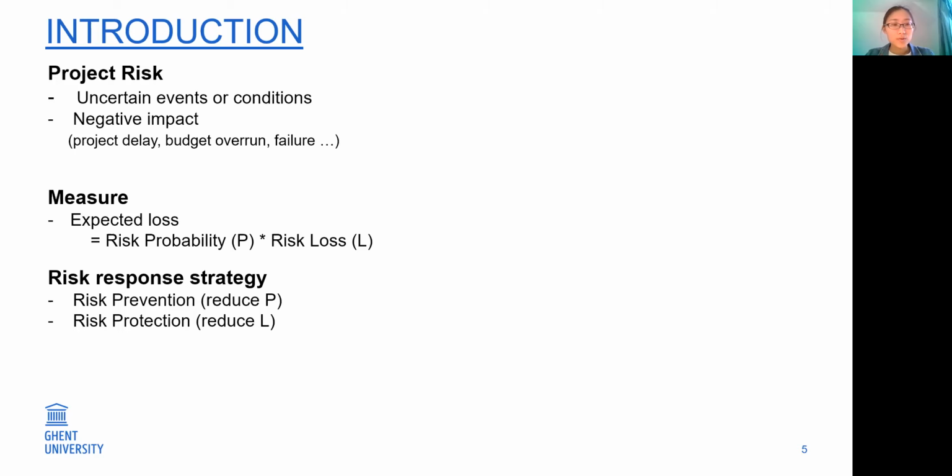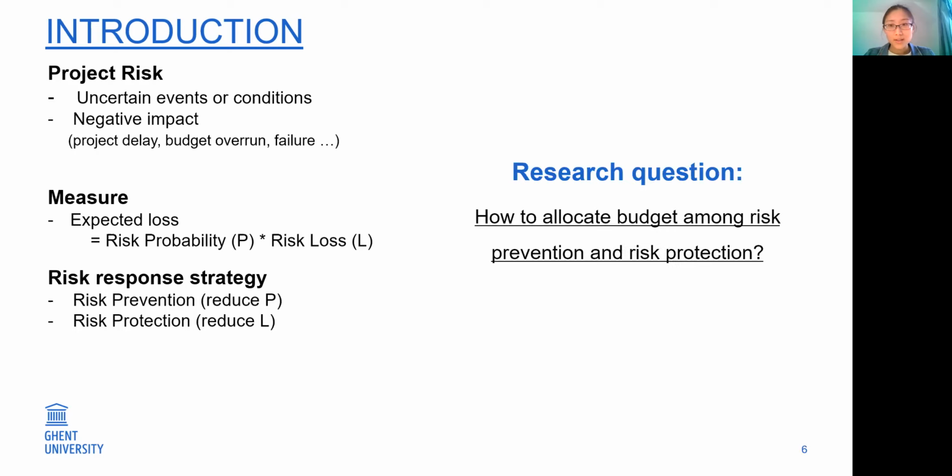While both risk prevention and risk protection can reduce the project risk, their resulting risk reduction degree and their implementation costs are different. Thus, to achieve an effective risk response, the balance between risk prevention and risk protection should be made. This leads to our research question: how to allocate budget among risk prevention and risk protection.